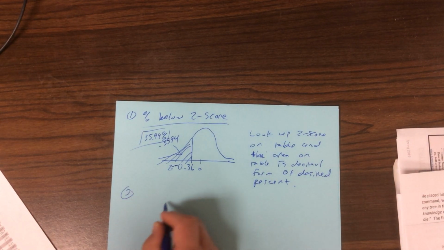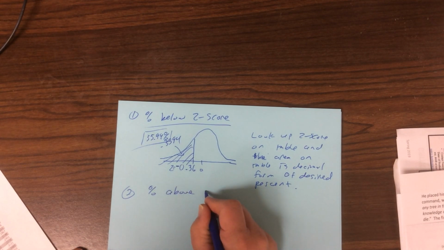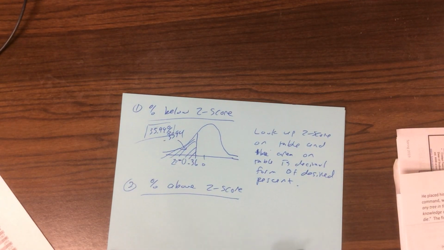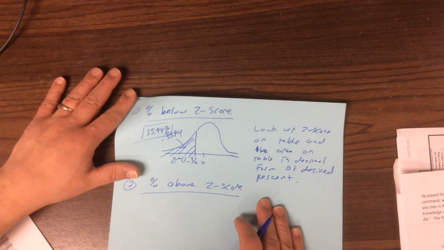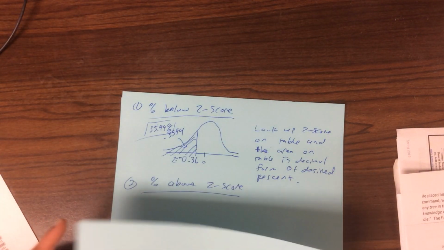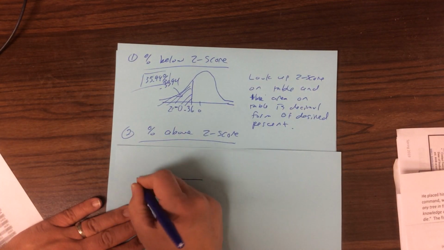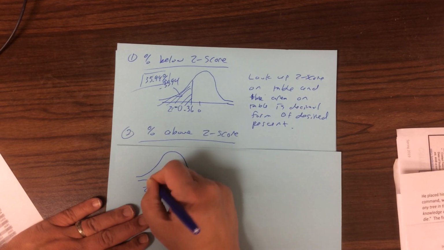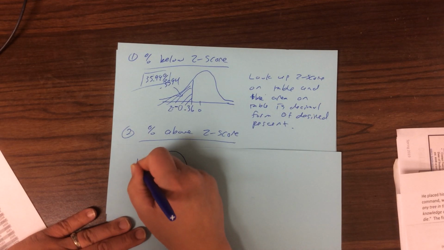Okay, so now let's consider when you want to find the percent above a z-score. To see why we do what we do here, just consider a couple examples. Let's say you had some z-score where this was 10% of the area.